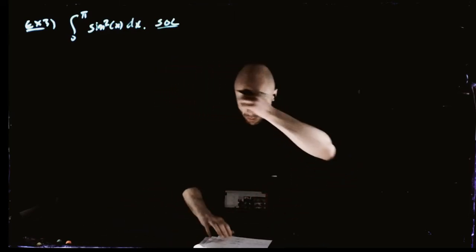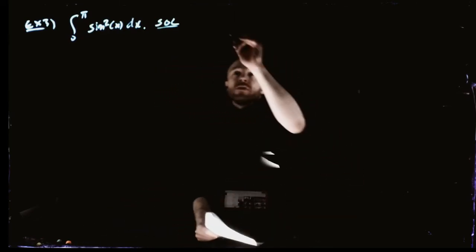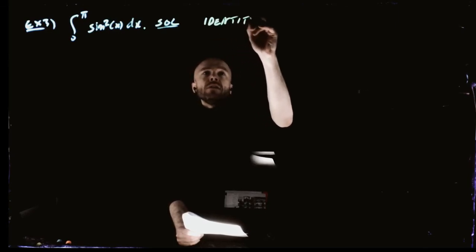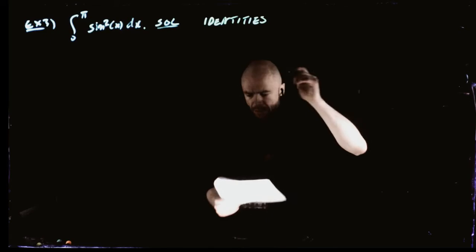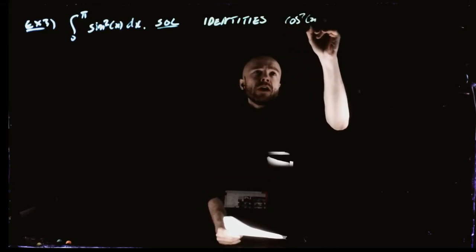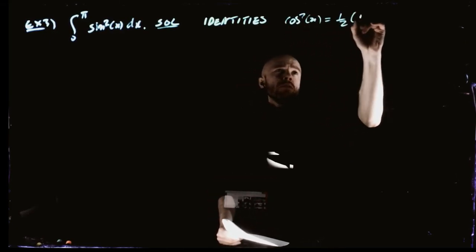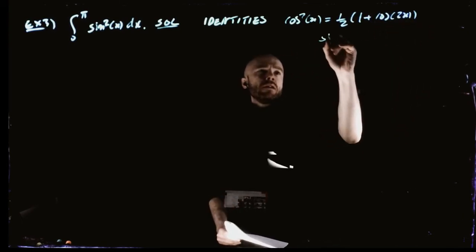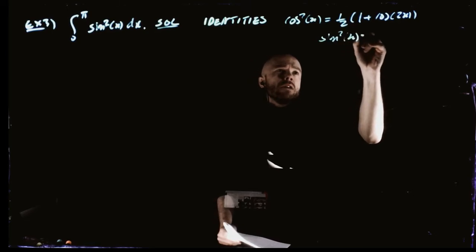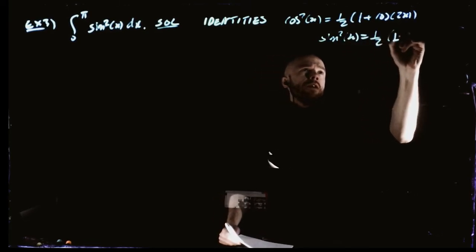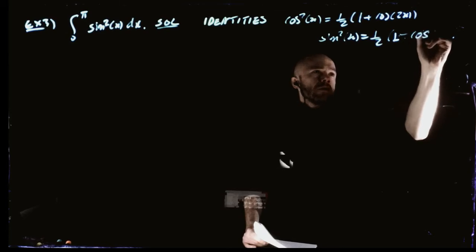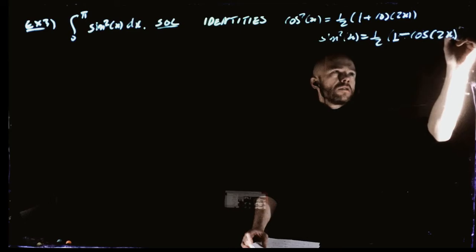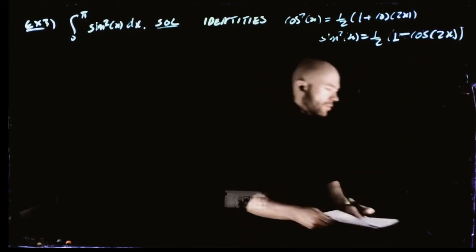These are the double angle formulas for trig. These are some identities which you've no doubt seen before. So we have cosine squared of x equals 1 over 2 times (1 plus cosine 2x), and sine squared of x is 1 over 2 times (1 minus cosine 2x), right?